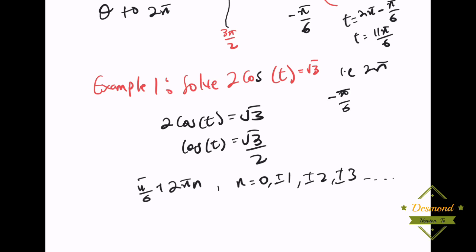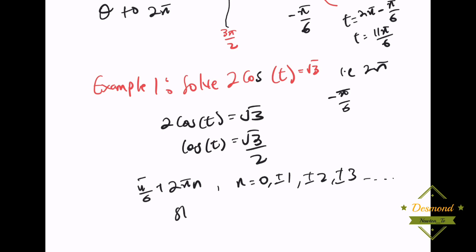represents all the angles that end at the same location on the unit circle, that is, the angle ends at pi on 6. Remember that this says we start at pi on 6, then we rotate in the counterclockwise direction, where n is positive, or in the clockwise direction, where n is negative.